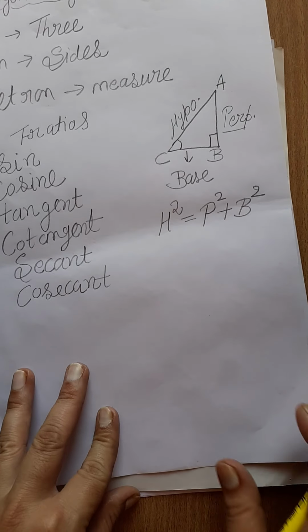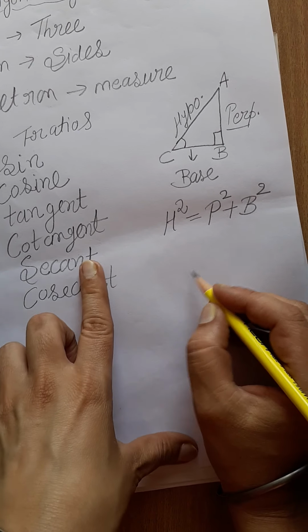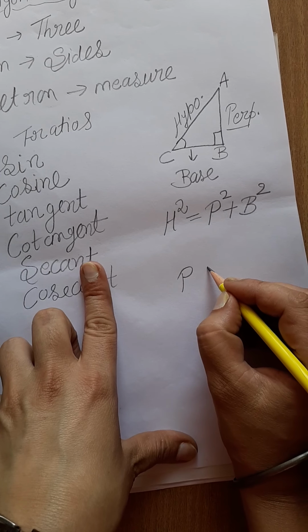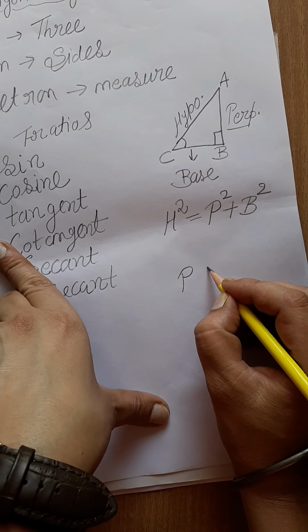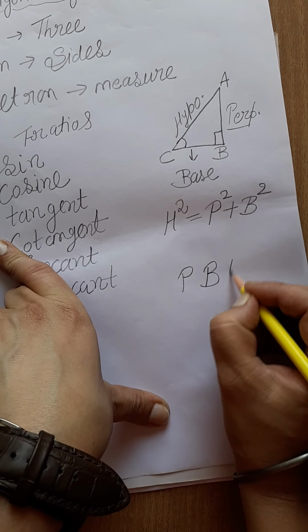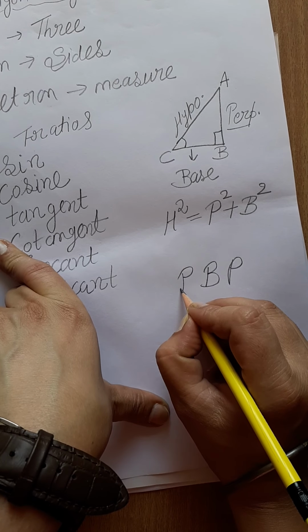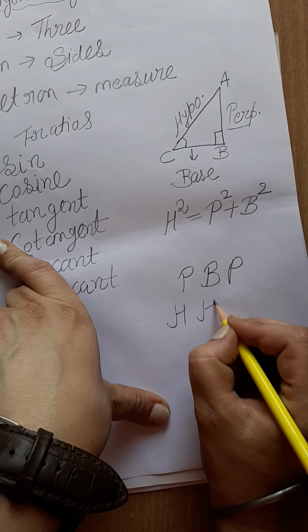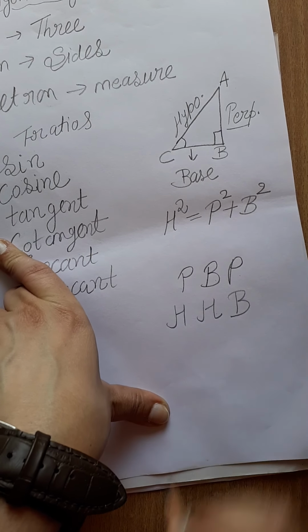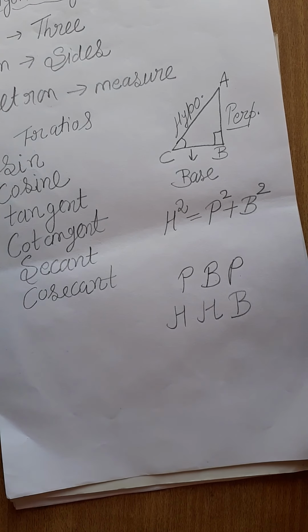And there is one formula also, Pandit, we can name it, we can call it by any name. PBP, Pandit Patri Pasan Har Bole. You can name it any one of these.